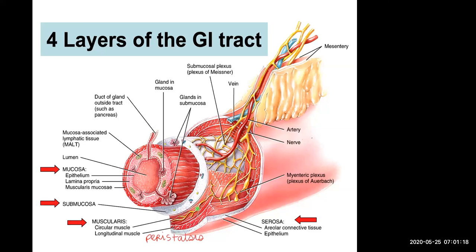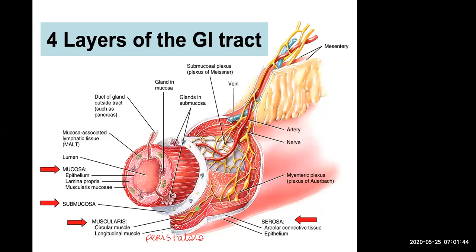It creates a wave-like contraction, kind of like what happens when we squeeze a toothpaste tube from the bottom up. So you're squeezing and you can see that bolus, that ball of toothpaste, moving up, propelling its way upward. And that is essentially what the muscularis layer does. It helps to propel the food particles.